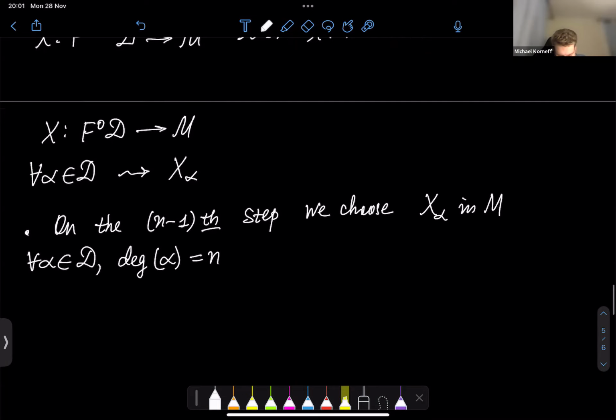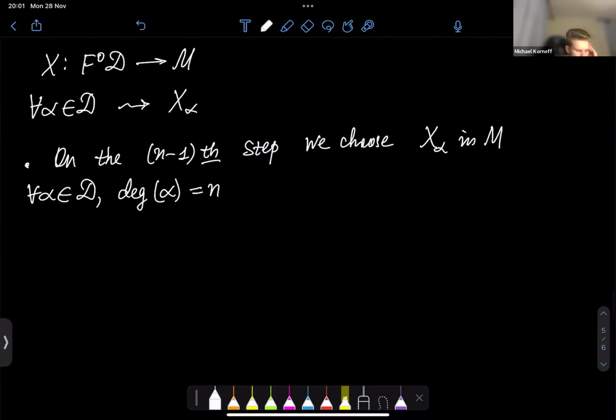Then we should verify that each commutative diagram, commutative triangle produces a commutative triangle after applying the x functor.